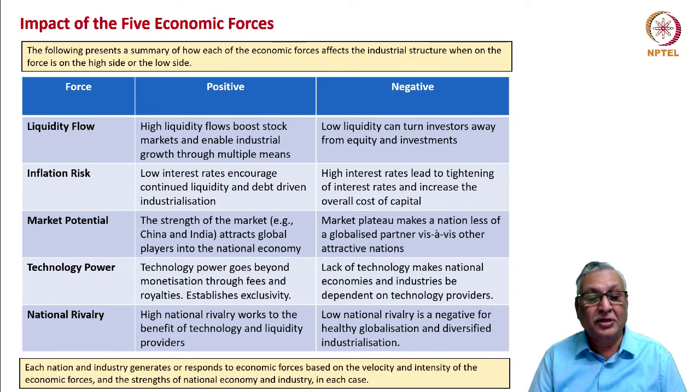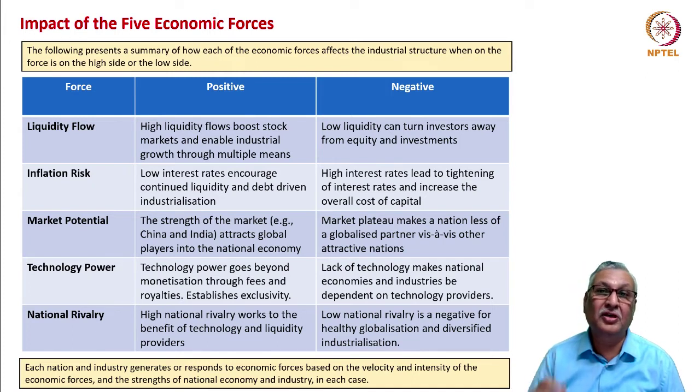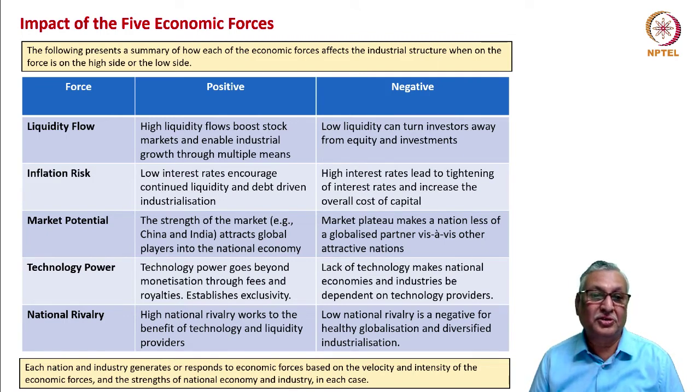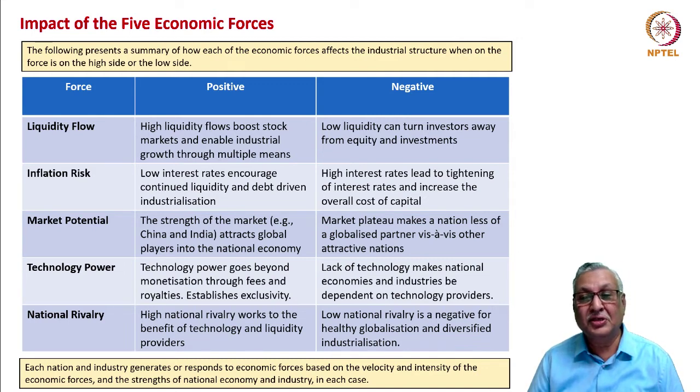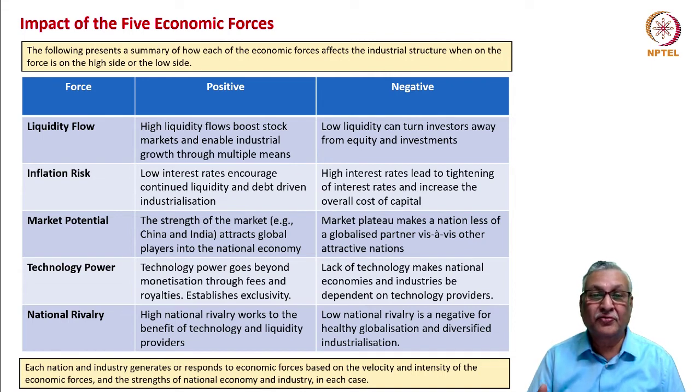Each nation and industry generates or responds to economic forces based on the velocity and intensity of the economic forces, the strengths of the national economy and industry in each case. So the sum total of all these forces of economy and the basic strengths and weaknesses of the national economy and national industry dictate the overall course of industrial development in a nation.